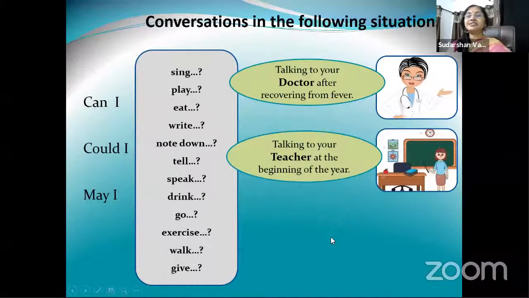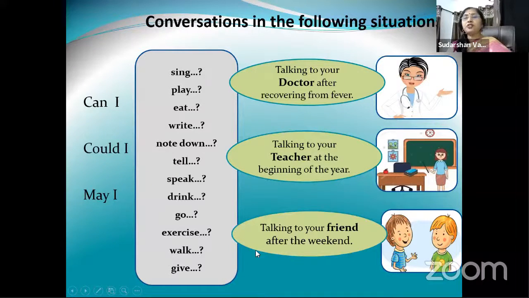And the next instance is talking to your friend after the weekend. You spent the weekend, so you are talking to your friend. Use as many words as you can. You can say, can I sing the song that is very popular now from the movie?